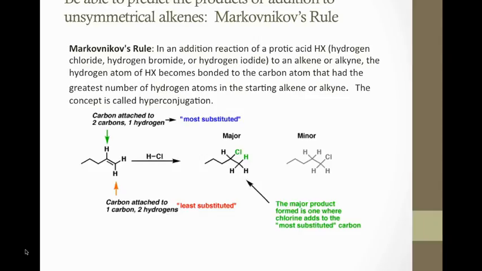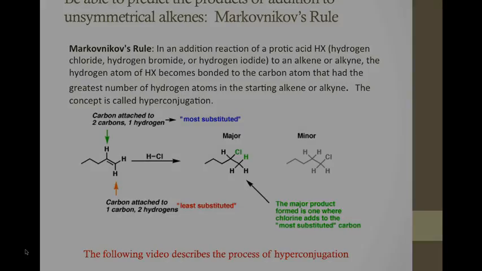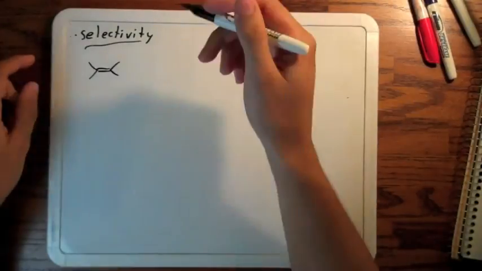The minor product is where the chlorine is added to the least substituted carbon. This process is called hyperconjugation. The following video will describe to you the process of hyperconjugation.